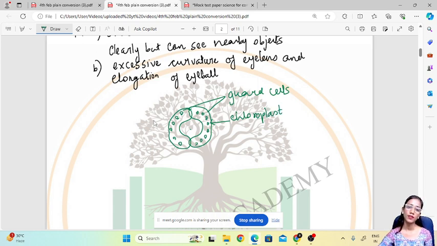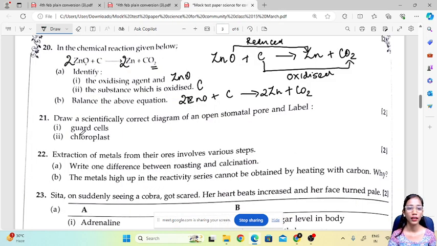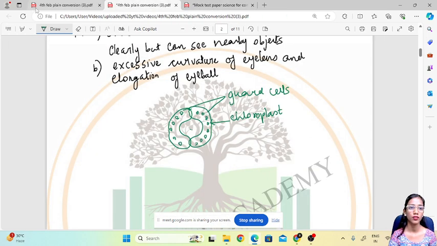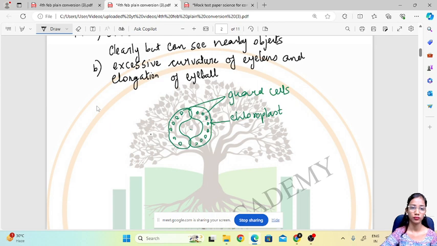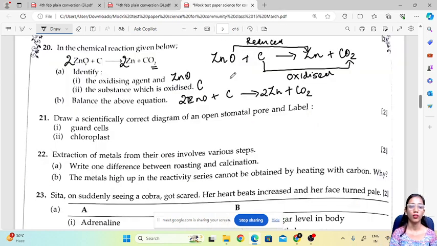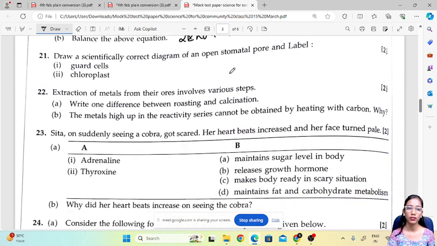This is the open stomatal pore, but what you are asked to mark is guard cells and chloroplast. So this is question 21. So the diagram is done. Now the next part.